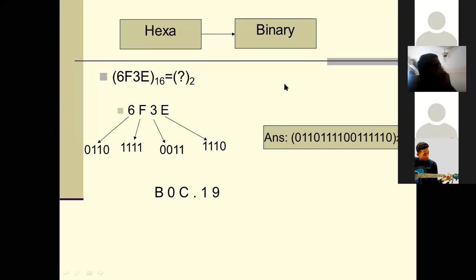Okay, next problem. I will give you the next problem that also contains a floating point. B0C 0.19. Be careful. There is a fraction value. Have you seen it? The fraction value 0.19. Don't forget about it.